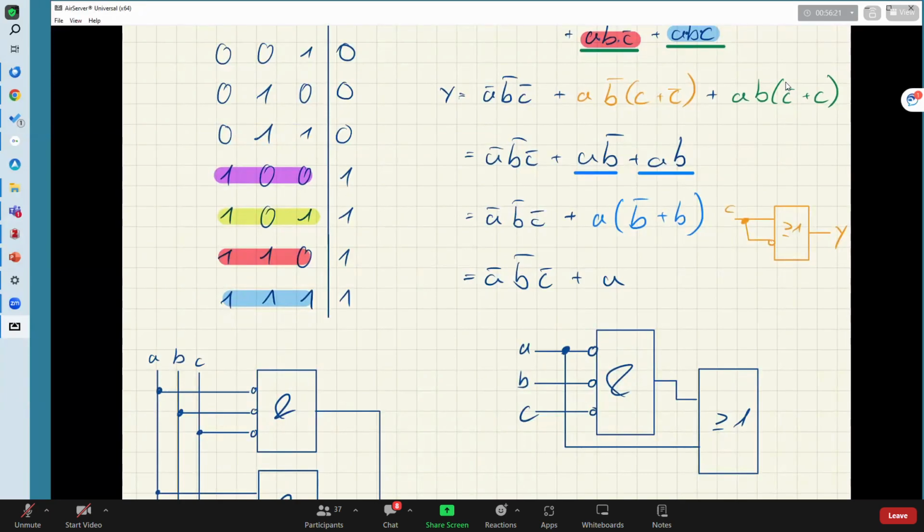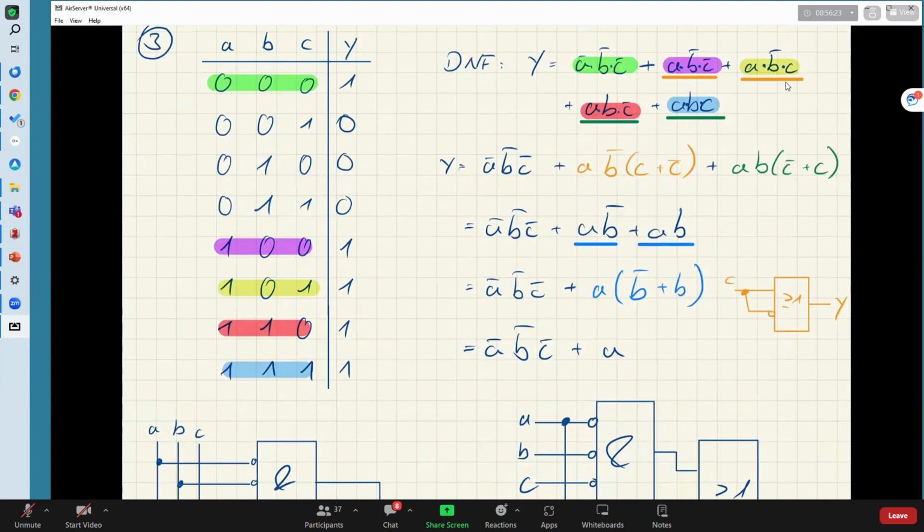Therefore, I'm just skipping the 1, because it makes no difference if I have an additional input at the AND gate which is always 1, because A and 1 is A. Yes, sir, I got that now. Okay, thank you. You're welcome.